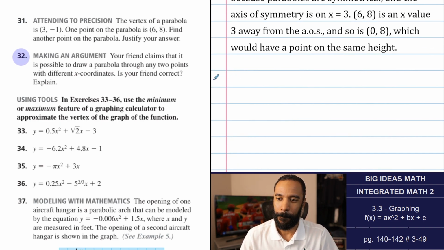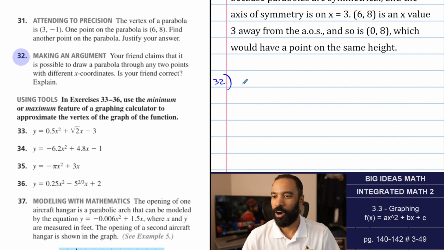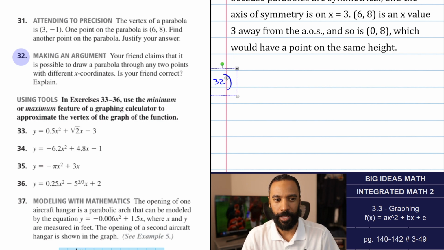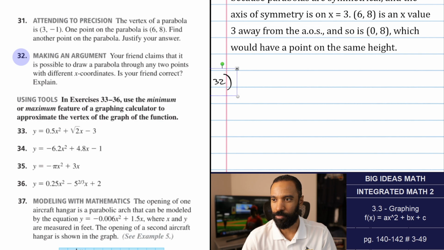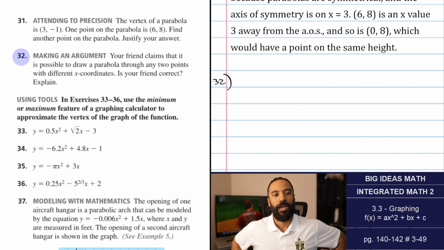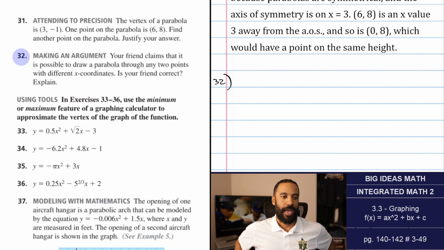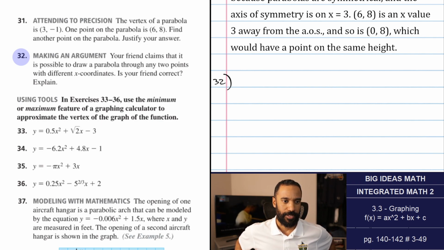Number 32. Making an argument. Your friend claims that it is possible to draw a parabola through any 2 points with different x coordinates. Is your friend correct? Explain. Okay, let's see. Possible to draw a parabola through any 2 points with different x coordinates. Now, I feel like they're missing a word.